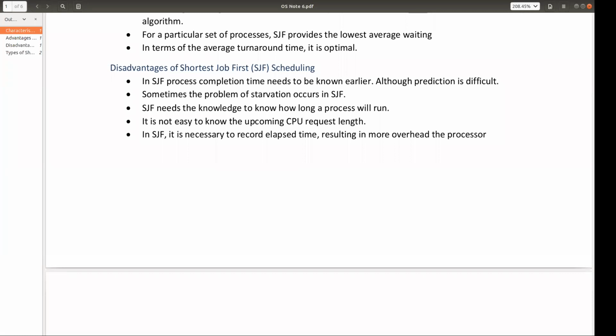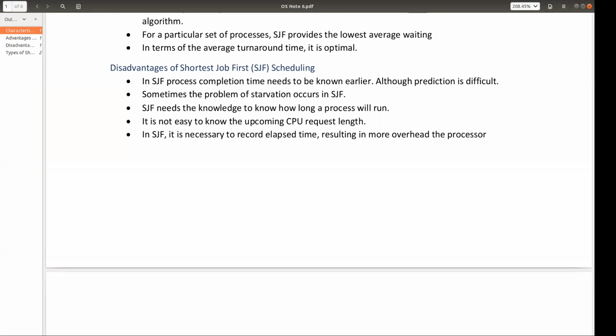This is a purely technical term we generally use in operating systems. A process is starved means it is never getting the CPU due to some reason. The reason could be many.